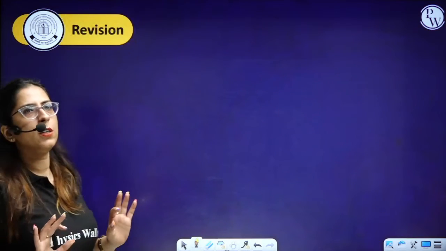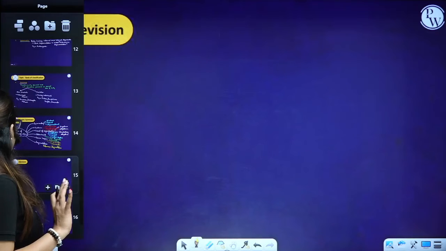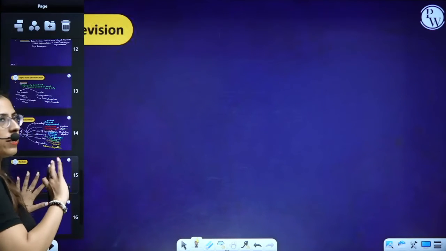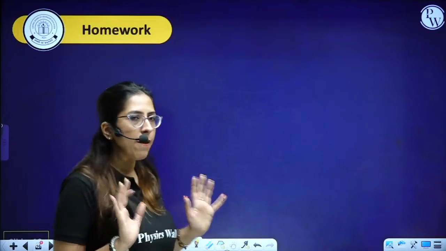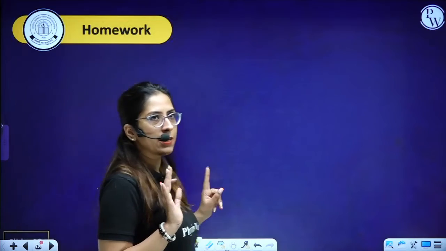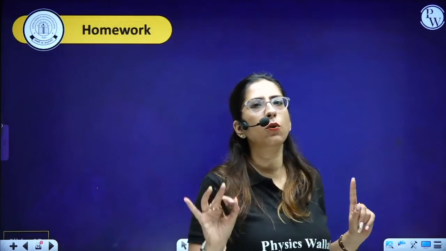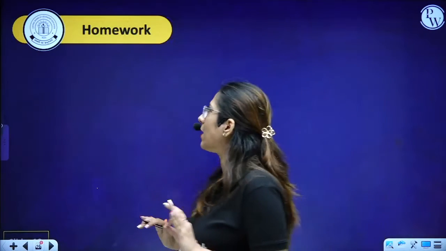Now the revision. So guys, what you have to do is revision. I have already given you, right? Now let's talk about the homework, the very important part, because every day you're going to get some homework. If you want to attain good marks in this examination, do whatever I am saying. The only book which you have to refer to is the NCERT.